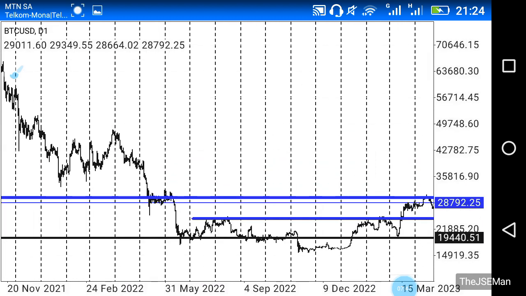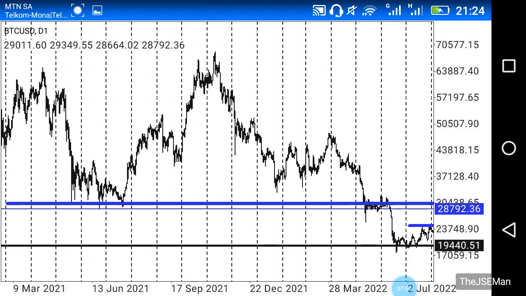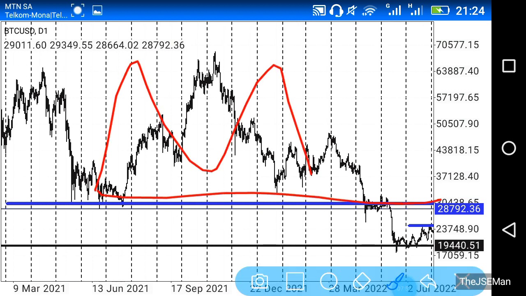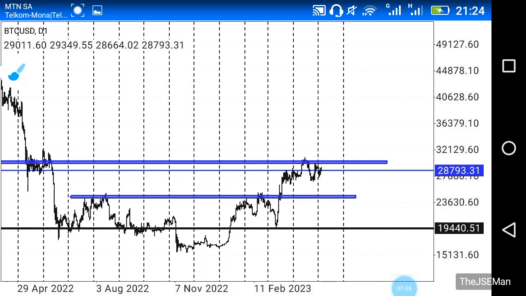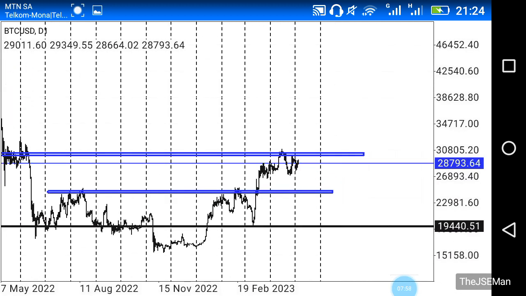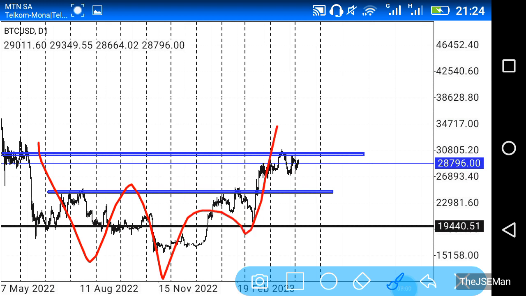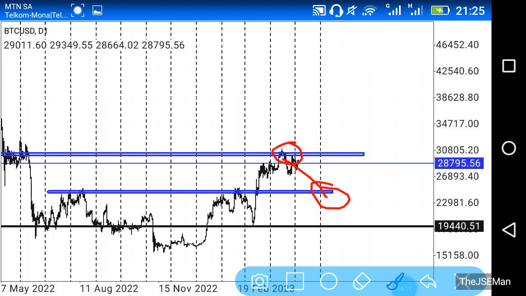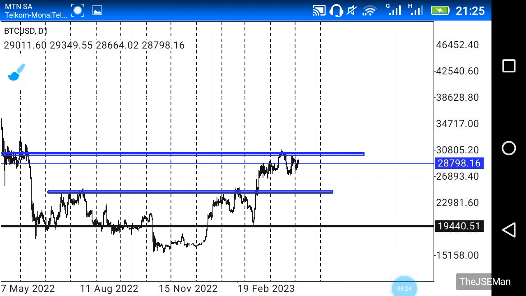Just to recap, remember on the monthly chart we spoke about that huge M structure which has a neckline at that level, and on the weekly chart we spoke about how we have this inverted head and shoulders pattern which has a neckline at that point, and we also mentioned that should we do indeed sell at this level, our first take profit should be this level, and at this level we will then evaluate whether we believe the market will head up or continue to move further down, because as I said, we have a lot of liquidity at these levels in the form of stop losses, and stop losses are money that needs to be triggered by the market at one point or another, right?